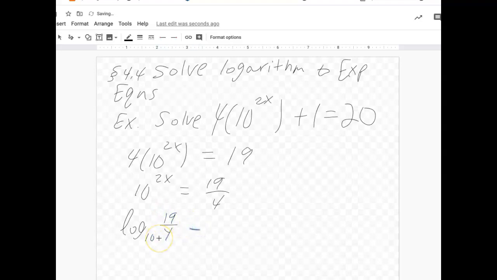And because the logarithm is an exponent, log base 10 of 19 over 4 is supposed to equal 2x. Then to solve for x, divide both sides by 2, and we'll have log base 10 of 19 over 4, all divided by 2.